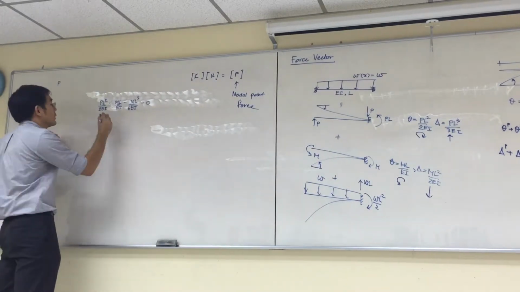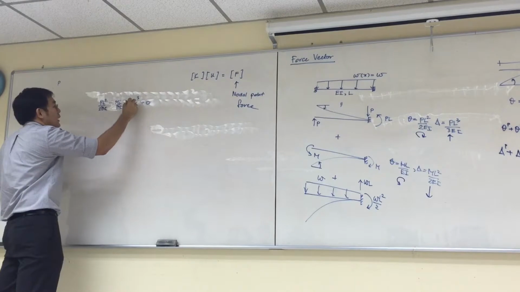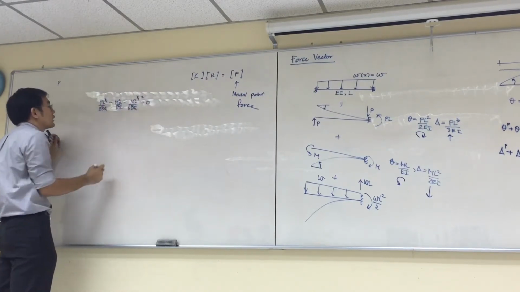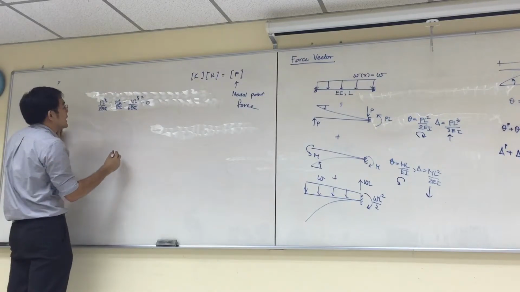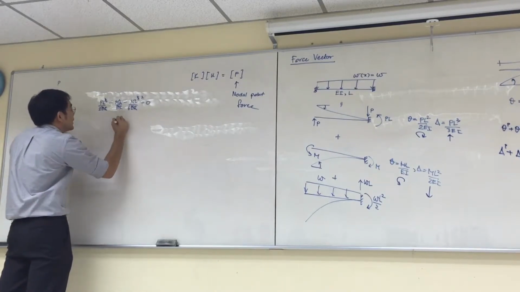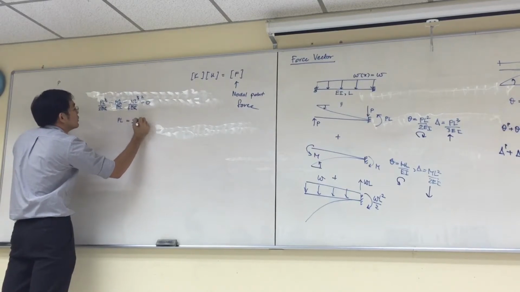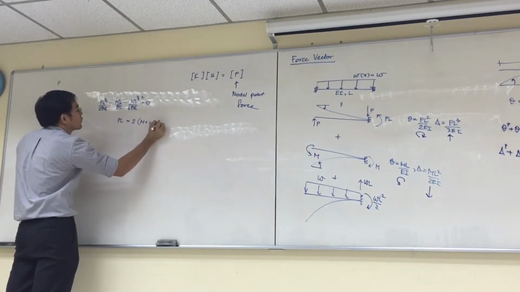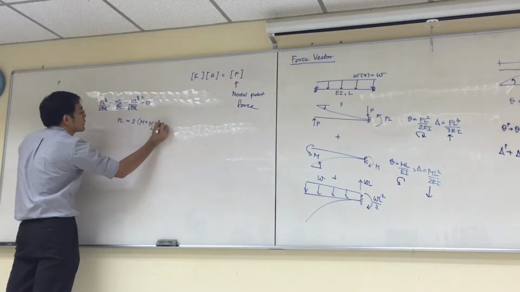Then let's work on this equation, cancel out EI and one L, this is squared. So I say that maybe my PL is equal to 2M plus WL squared over 6.